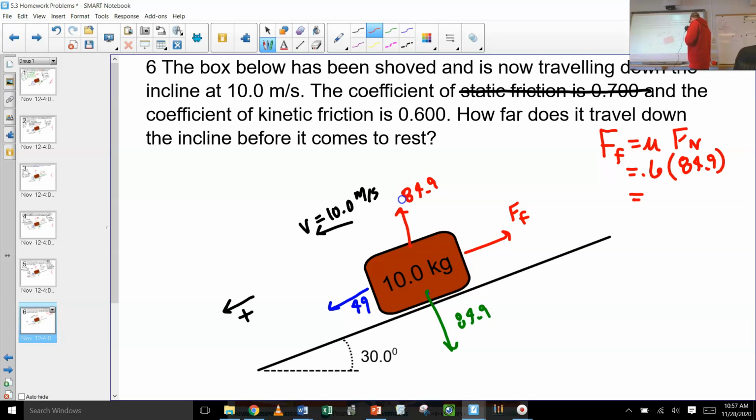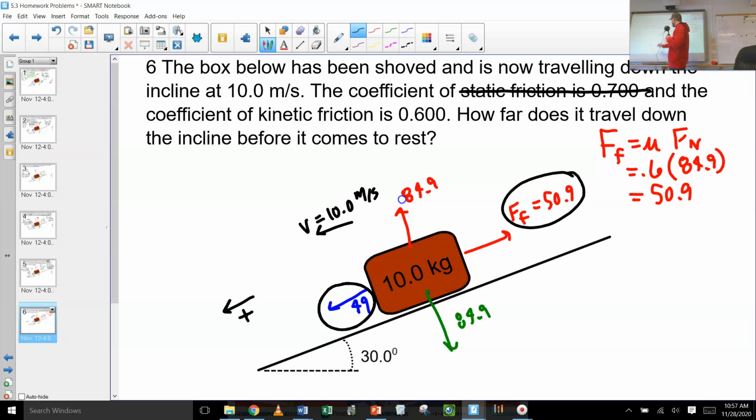So if you take 0.6 and multiply by 84.9, you end up with 50.9. Now that's interesting. My force of friction is 50.9. Check it out. Friction is this big, and gravity is this big. Friction wins, which means this thing is slowing down.